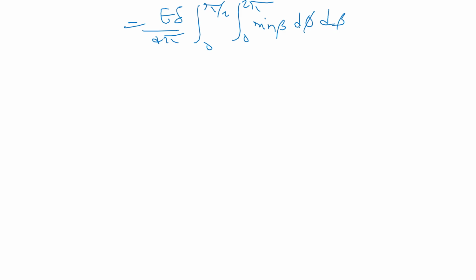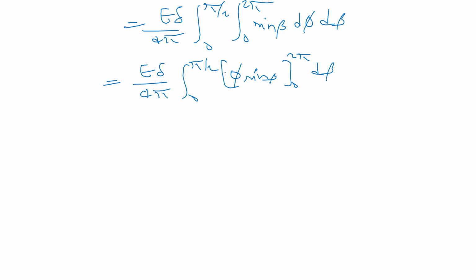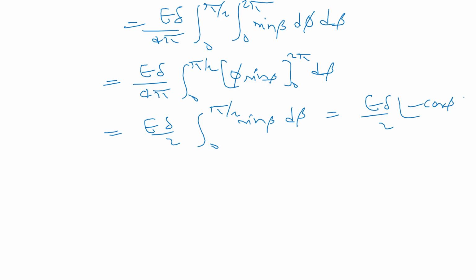If we take the integration with respect to phi now, then we will get 2 pi, so we will get E del by 2 integration 0 to pi by 2 sine beta d beta. Integration of sine beta will be minus cos beta from 0 to pi by 2. Pi by 2 value is 0, and for 0, cos beta is minus 1. So it will become E del by 2.